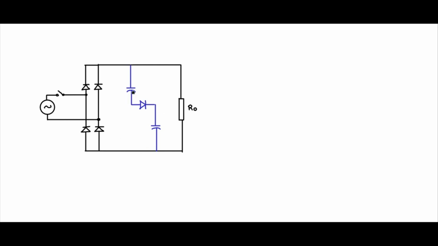However, there is no discharge path into the load because of the presence of this diode. There is a reason, we will see that. Charging is happening in this path. Half the charge will come into this capacitor, half the charge into this capacitor. So if you are having V0, each will take V0 by 2.